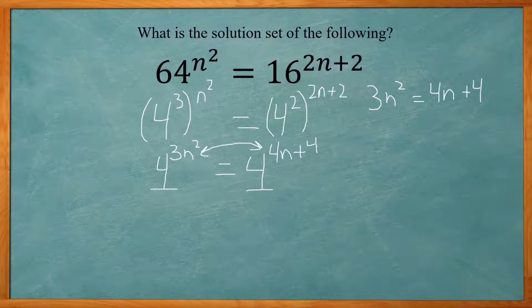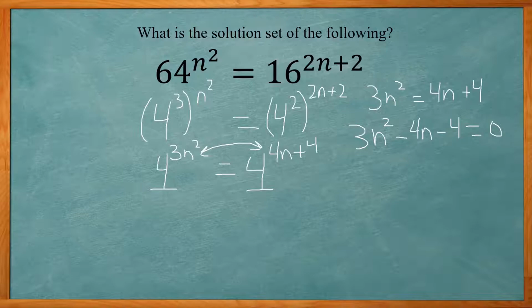Alright, so my highest power is the second power, so I'm going to have a quadratic here. I'm going to get all the terms to one side and set the other side equal to 0. So 3n squared. If I subtract 4n from both sides, it will become negative 4n. And subtract 4 from both sides, I get minus 4 equal to 0.